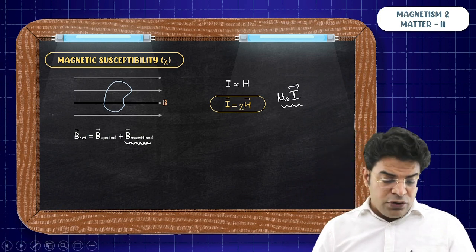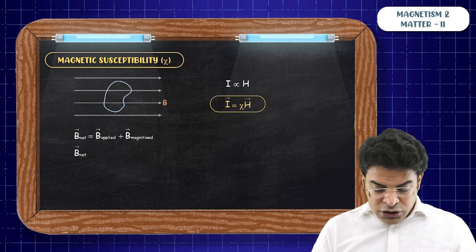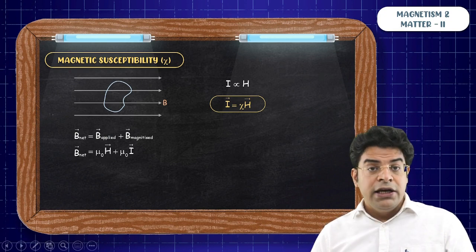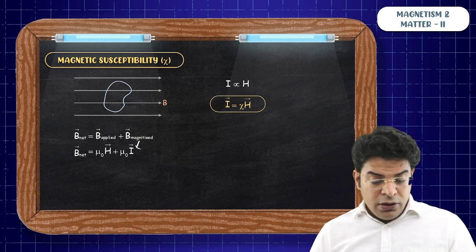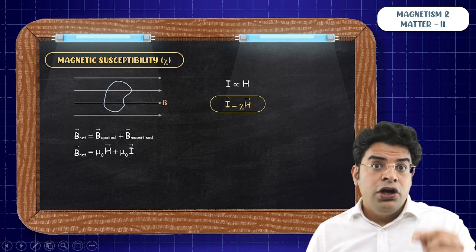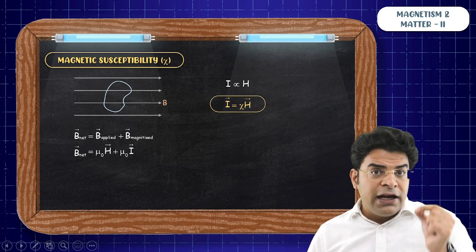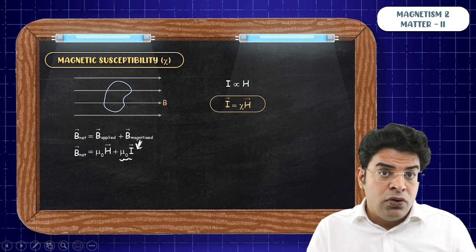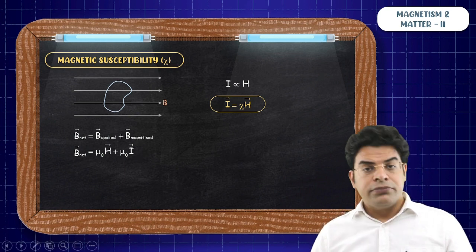Now this is something new which we haven't learned till now. So you will say that the net magnetic field inside equals mu naught H, this we have learned already, plus mu naught I. The magnetic field produced inside a material due to the development of magnetic moment is nothing but mu naught I. This is something I am telling you for the first time, and most of the students do not know this, so keep this in mind.